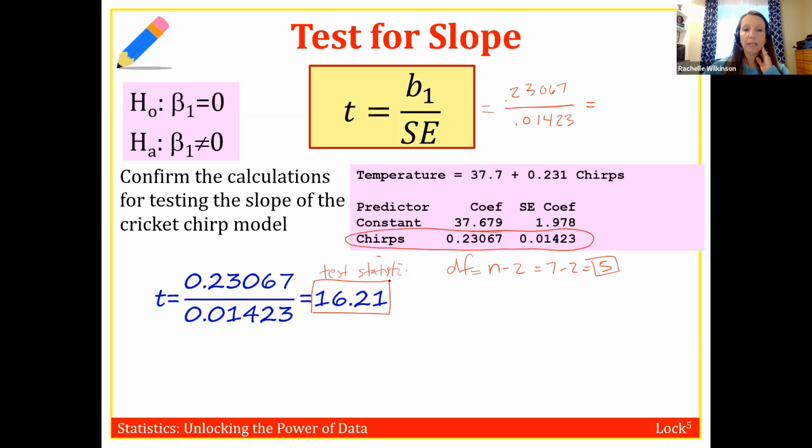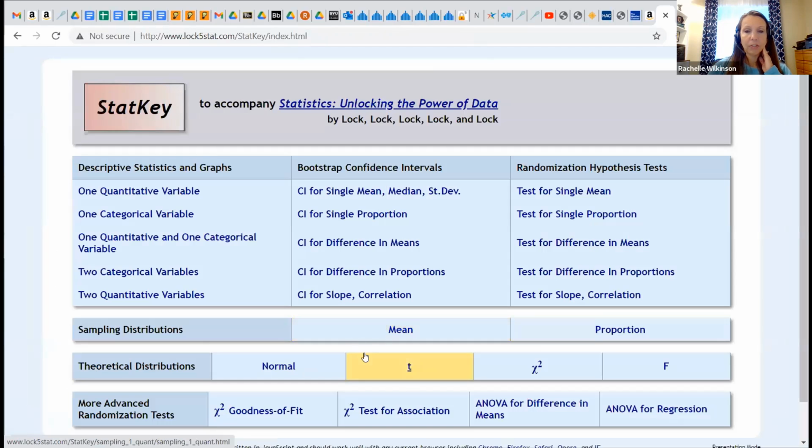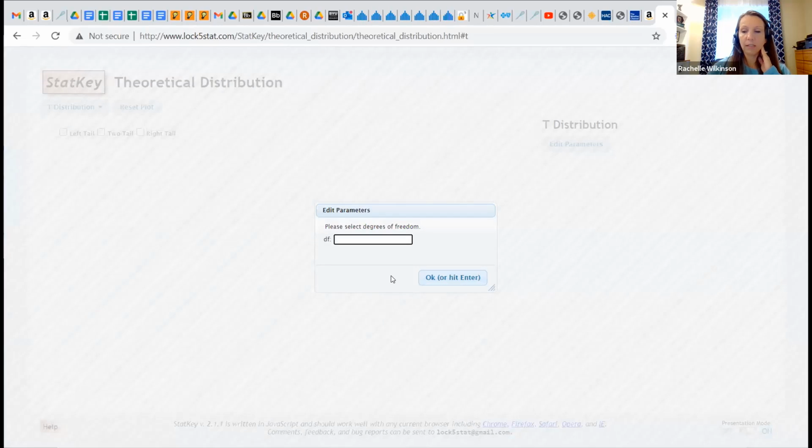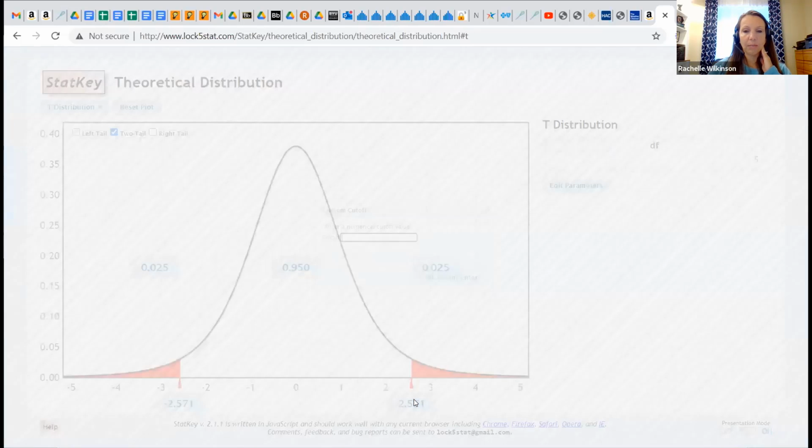If I want to find the p-value, I would come back over to my StatKey. I choose the t-distribution and enter my 5 degrees of freedom. In this case, we were doing a not-equals test, so that's two-tailed. I would put in my test statistic down here, which is 16.21.